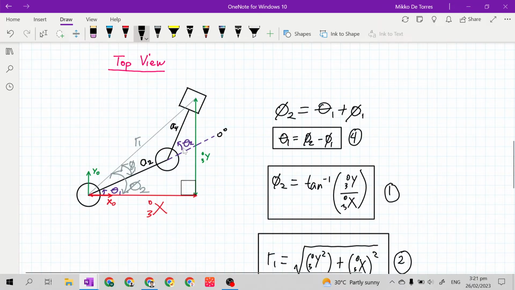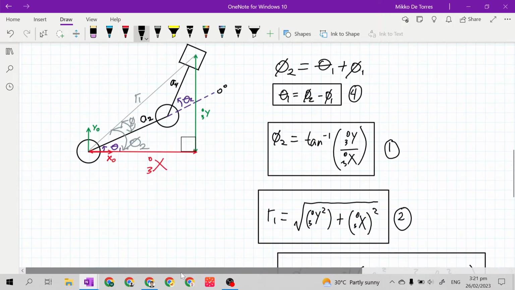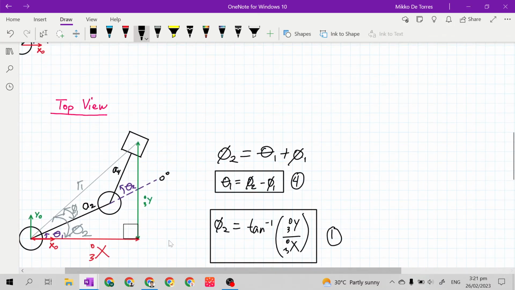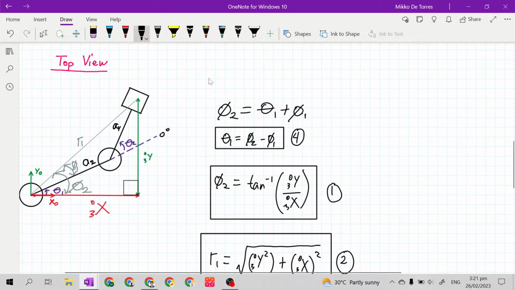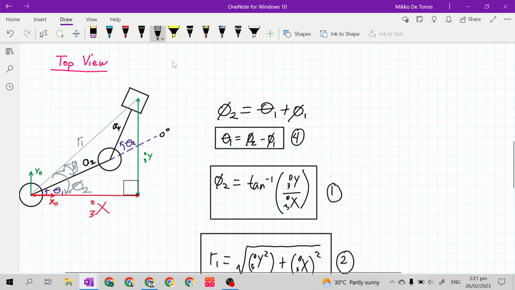Now, we need to solve what is theta 2. To solve theta 2, we need another angle, which is phi 3 here.